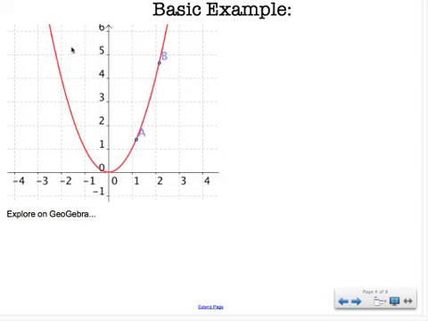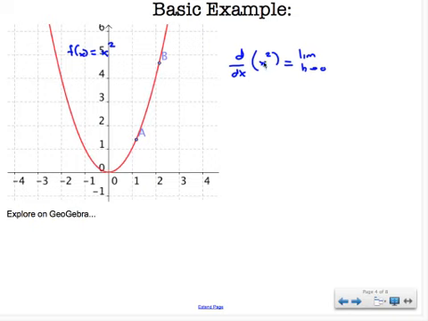Okay, this is now specifically the curve f of x equals x squared. So we are looking for the function that finds the slopes of this curve anywhere I like. In other words, we're looking for the derivative d over dx of x squared. Okay, that's what we're looking for. How do we calculate this? Well, the definition says we take the limit as h goes to 0, f of x plus h.